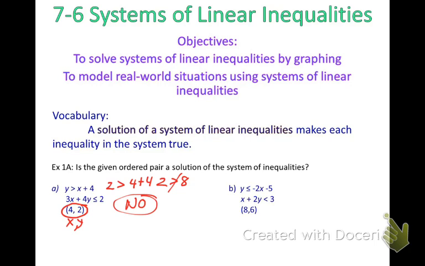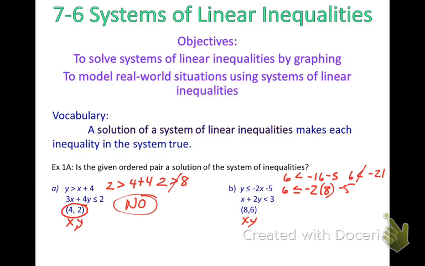Let's try B. So again, x and y. So I have 6 is less than or equal to negative 2 times 8 minus 5. So 6 is less than negative 16 minus 5, which is 6 is less than negative 21.